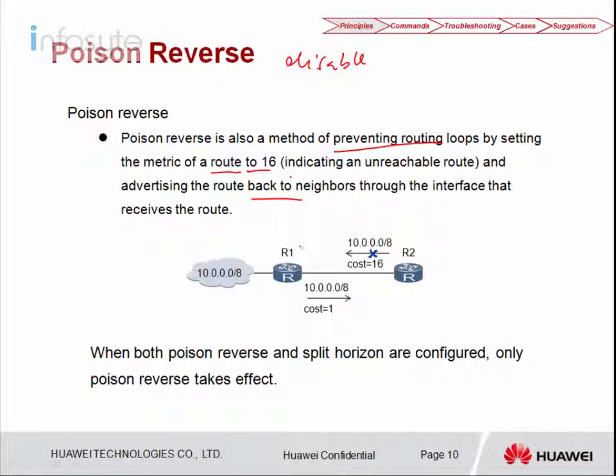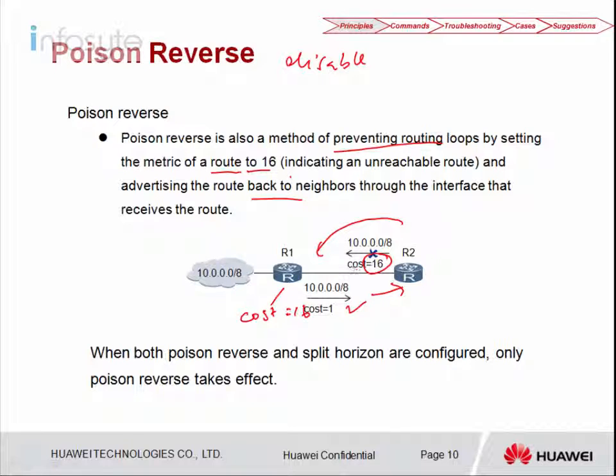Okay, so in this example, R1 sends this information to R2. This information of 10.0.0.0/8 has a hop count of 1. Now, upon receiving this information, R2, with poison reverse enabled, is going to send this information back to R1, saying that the cost is 16. When R1 receives this information, it is going to delete this route from the update, because the cost is 16.